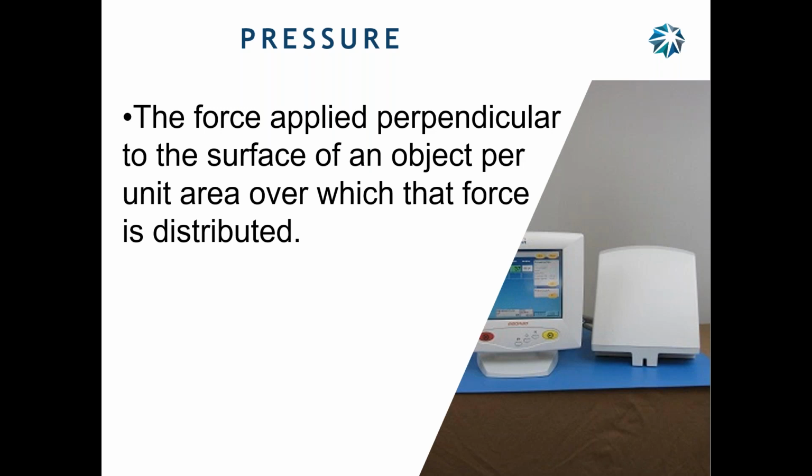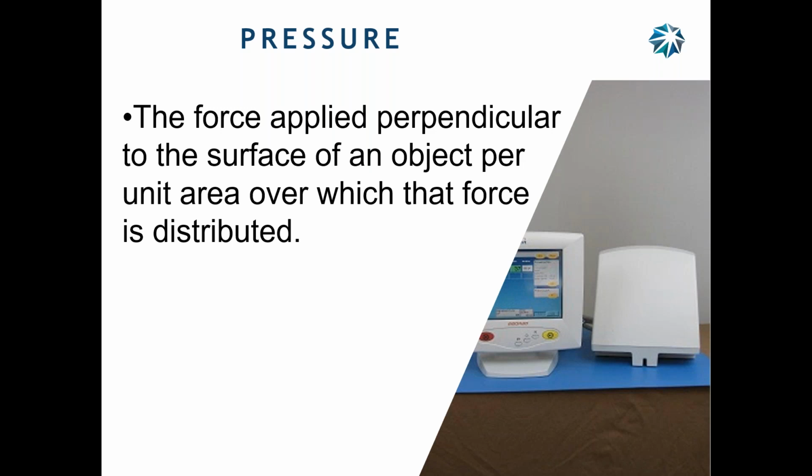It's the surface area. So the force applied perpendicular to the surface of an object per unit area over which that force is distributed. What does that mean? You're real close.